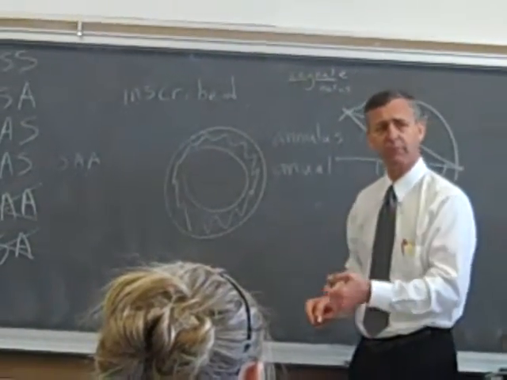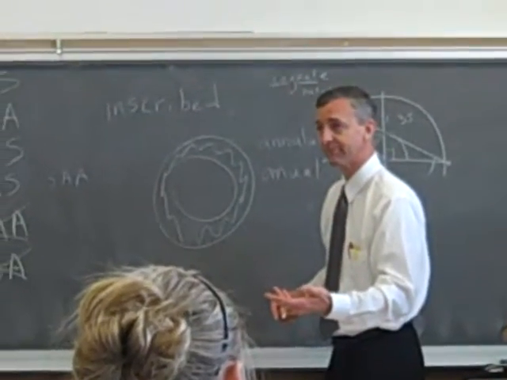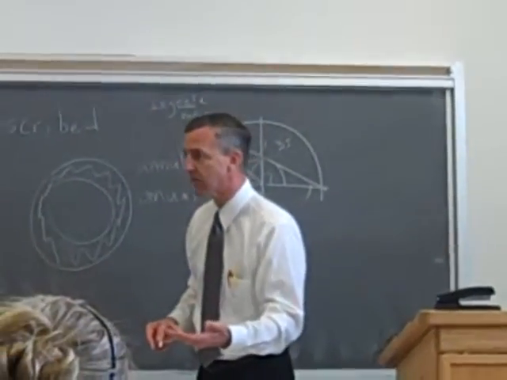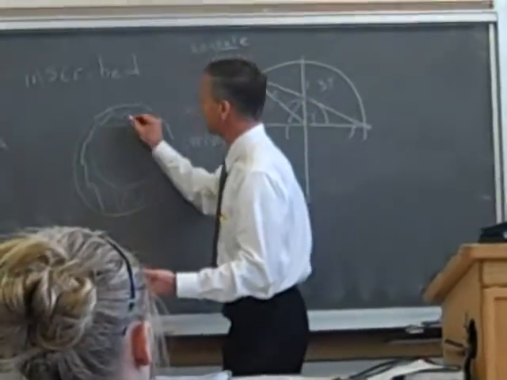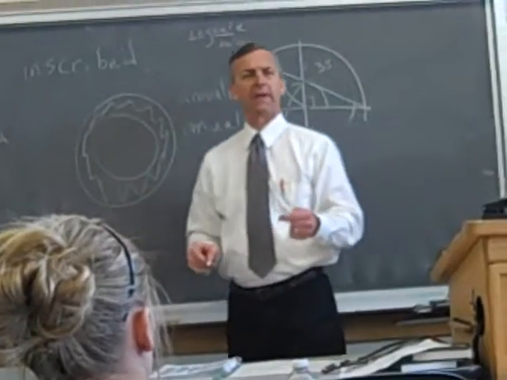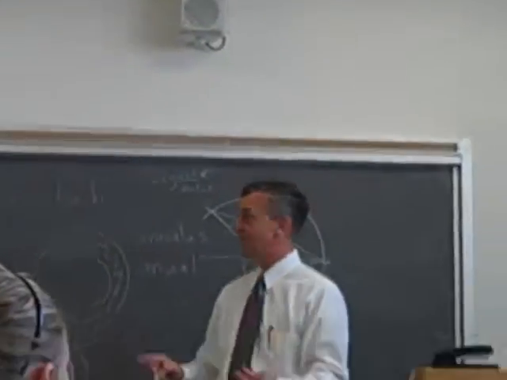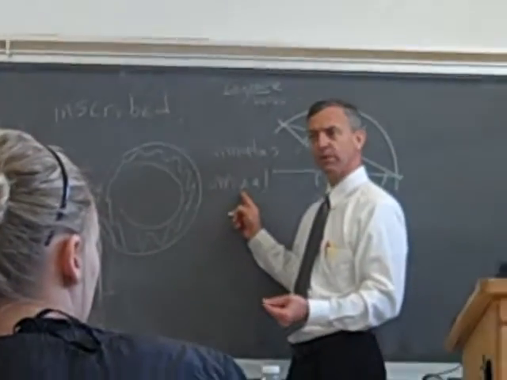How many of you have cut down a tree? Or looked at a tree that's been cut down? What does it have? It has rings. And each of those rings represents an annual growth, right?